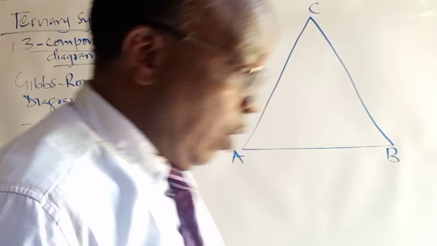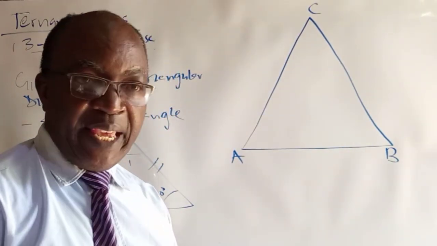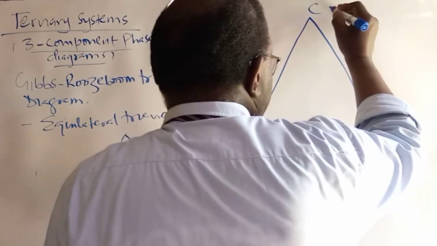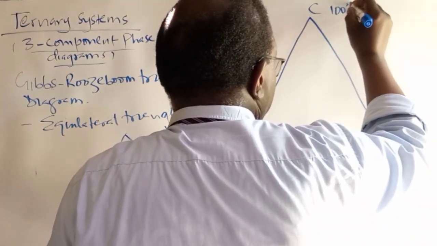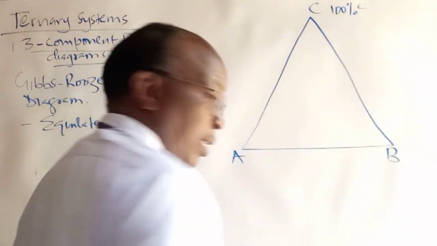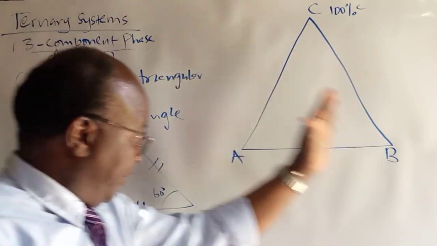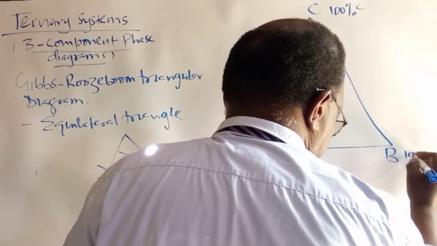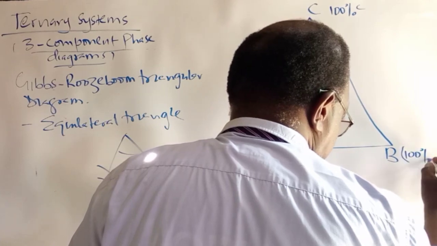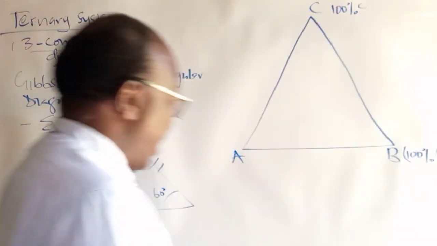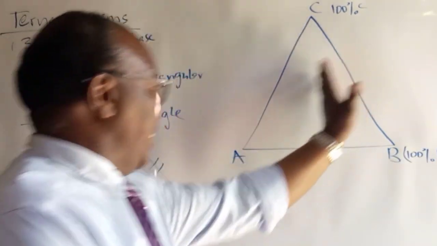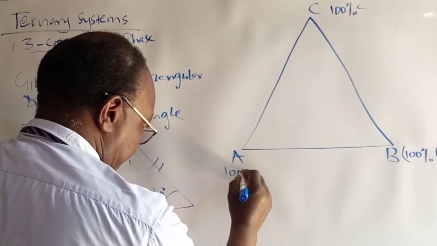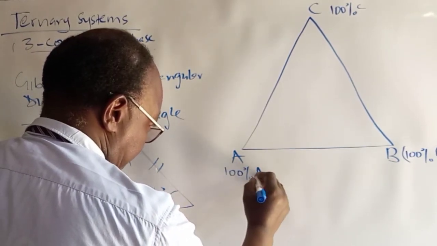Now, the significant thing here is that at the apex here, this represents 100% C. At the apex in that direction, this represents 100% B. From this direction, this apex represents 100% A.